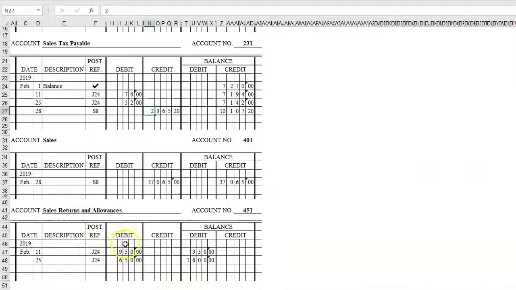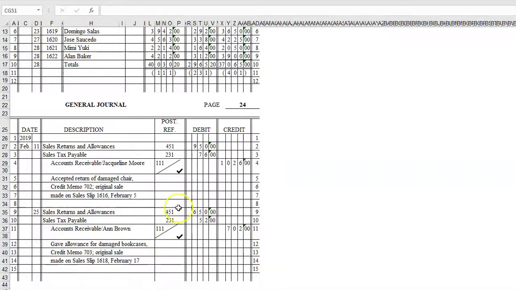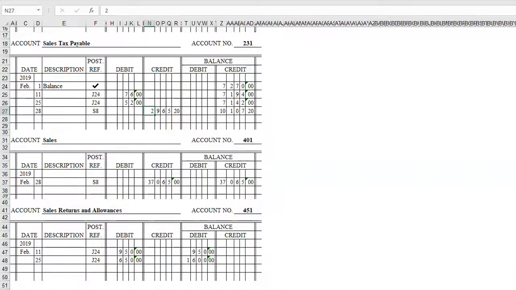Sales return and allowances came from the general journal, the previous page, $950 and $650. You can pause this and fill those in on your own time. Let's move on.